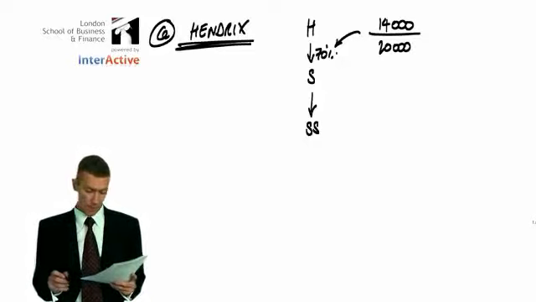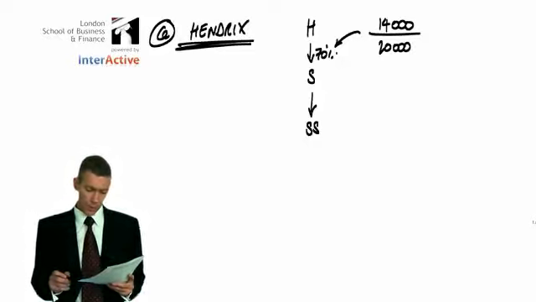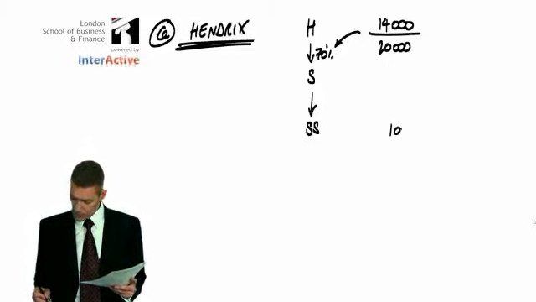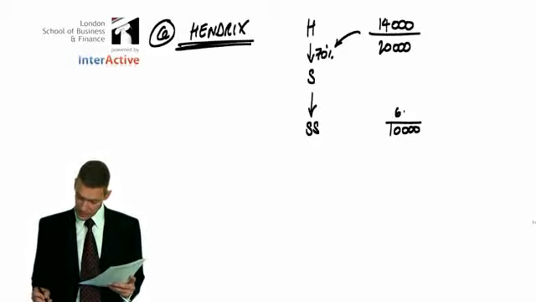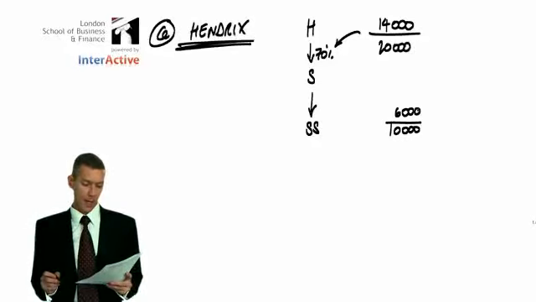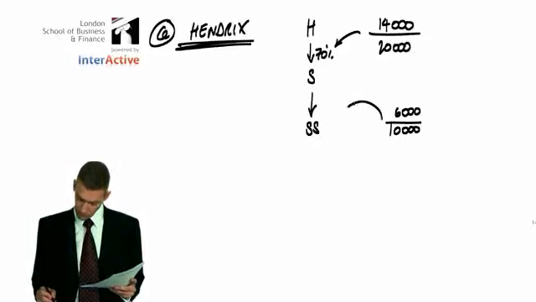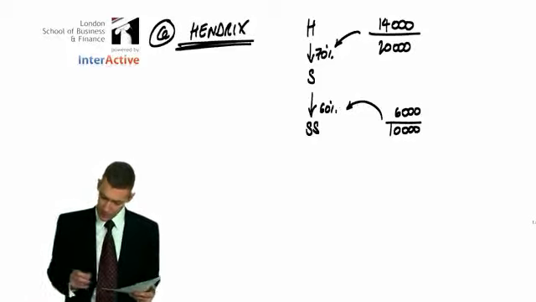How much ownership does the mid-sub have of the lower sub? Well, the share capital down in the lower sub as a whole is 10,000. And of that 10,000, the mid-sub owns 6,000. Do you see that from the balance sheet? That's 60%.